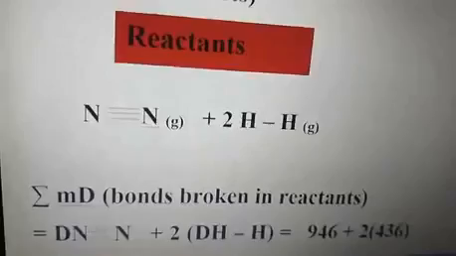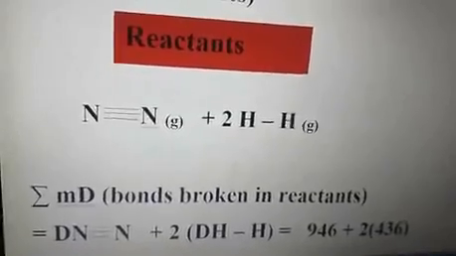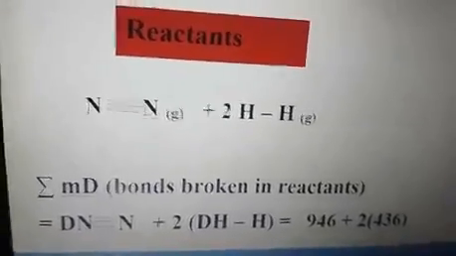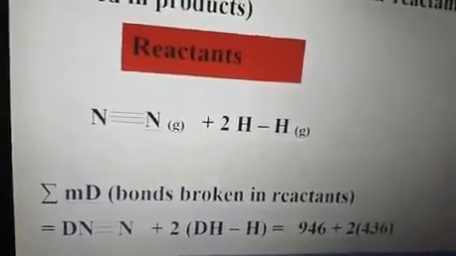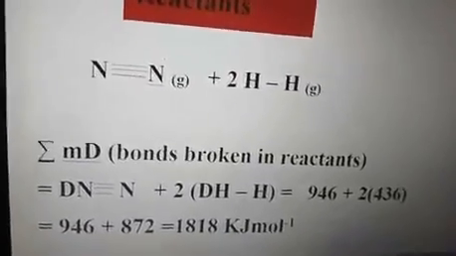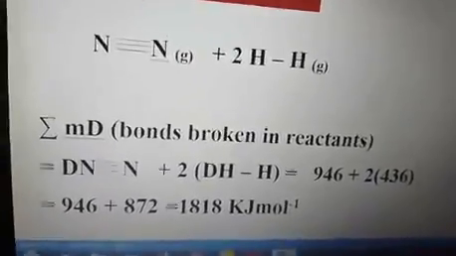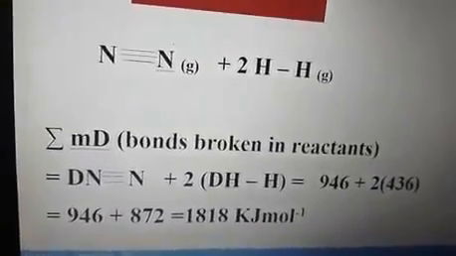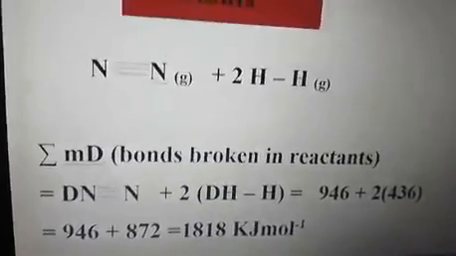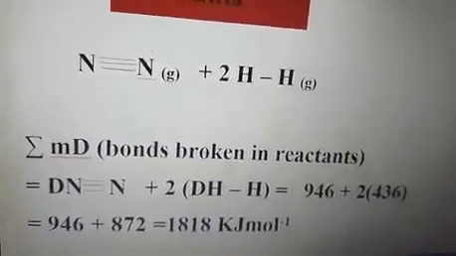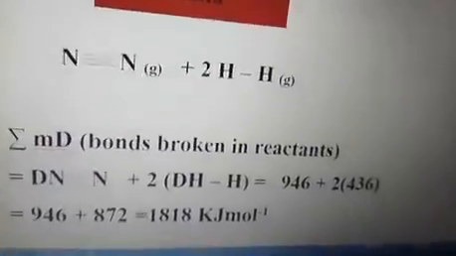So we're going to add the total bond energy of the reactants, which is given by a summation of M, bonds broken in reactants. So you can see the expression: that is the bond energy of nitrogen to nitrogen plus 2 times the bond energy of hydrogen to hydrogen.